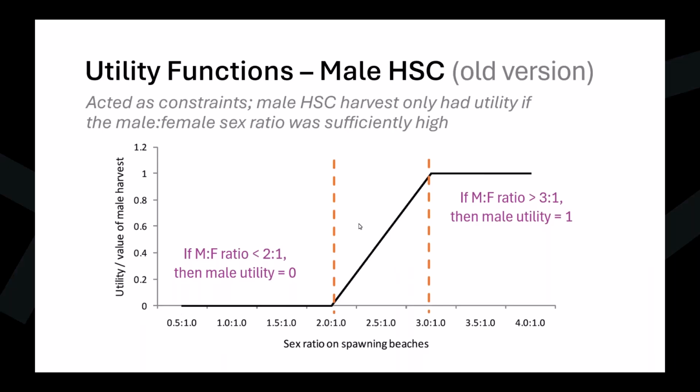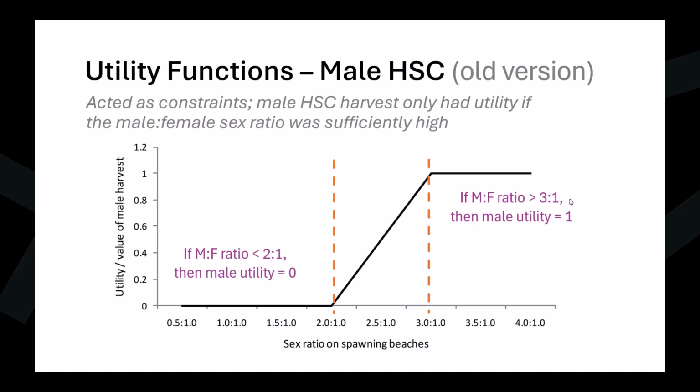And so it was thought that maybe you actually need more males to get full fertility in the population. So we created these 2 points on this curve and have a diagonal line linking them together. So we have 0 utility below 2-to-1 males to female on a spawning beach. It linearly increases thereafter. And then once we get to 3-to-1 males to female on a spawning beach, there's full utility thereafter.